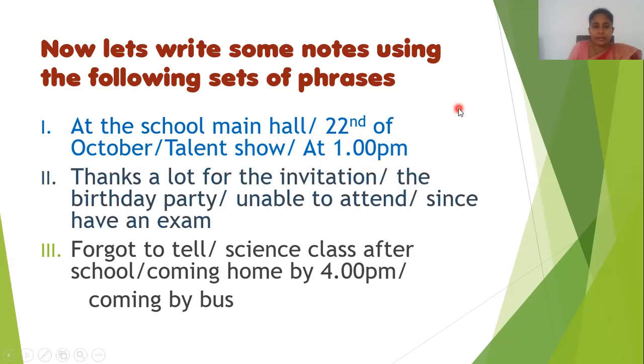And the next one is, thanks a lot for the invitation, the birthday party, unable to attend since have an exam. And the last one is, forgot to tell, science class after school, coming home by 4 p.m., coming by bus. Right. Now let's move on to the answers. We'll see how you can write using these sets of phrases. Right.